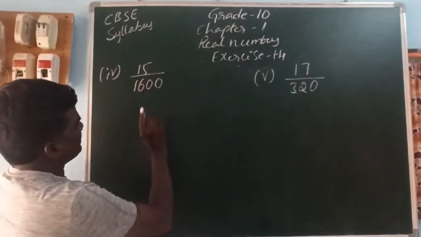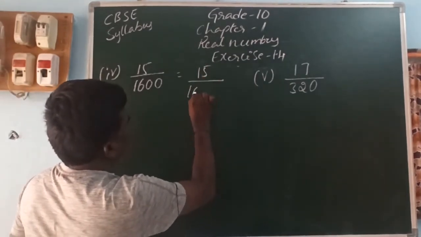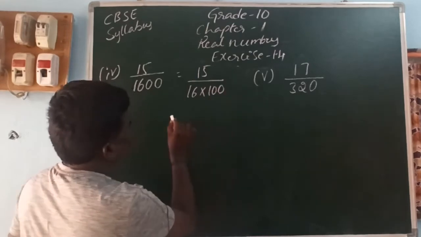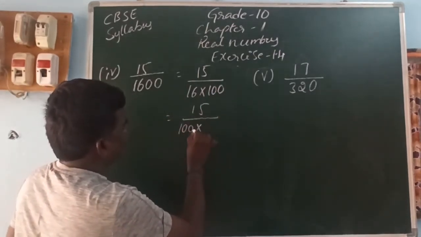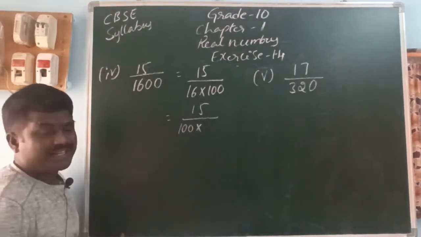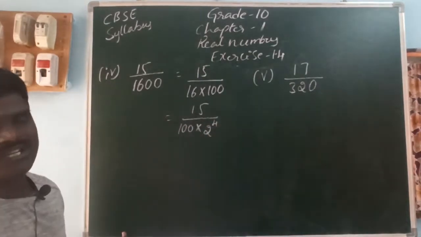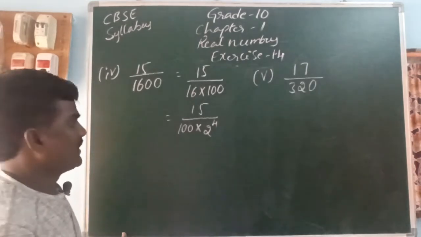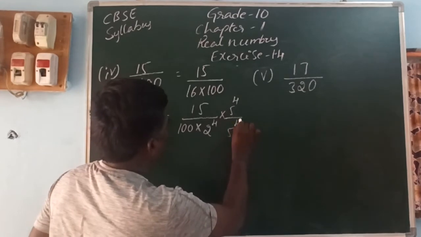Next, 15 by 1600. We can write it as 15 by 16 into 100. Here 100 is already a power of 10. 16 we can write as 2 power 4. The 2 power 4 is multiplied by 5 power 4 to become a power of 10, and the numerator is also multiplied by 5 power 4.